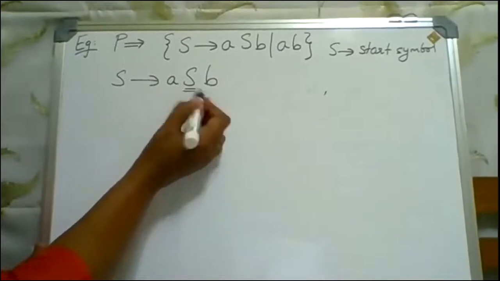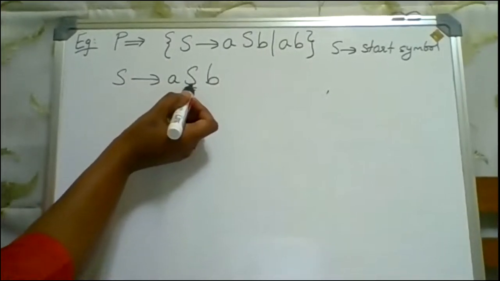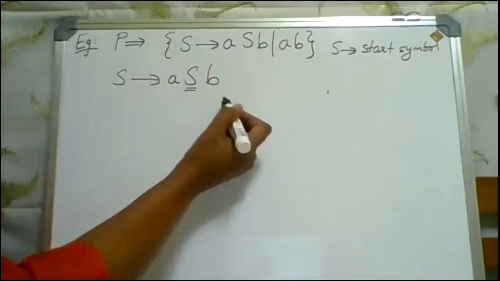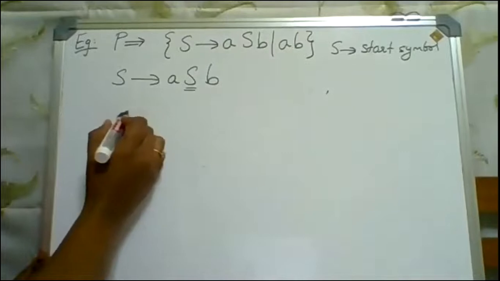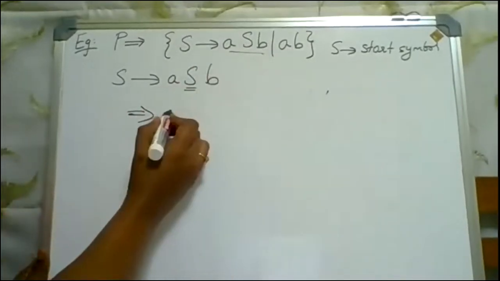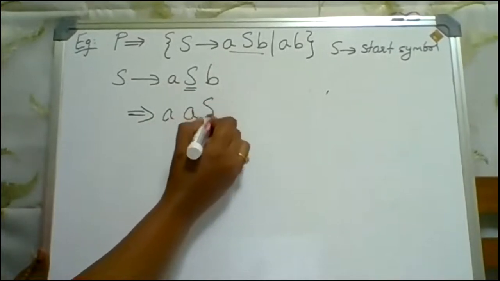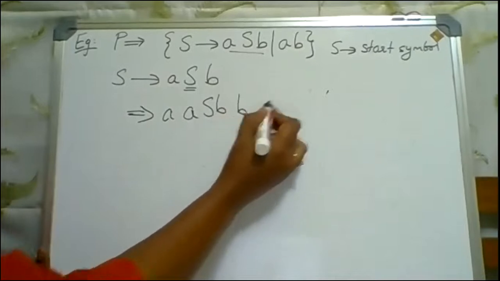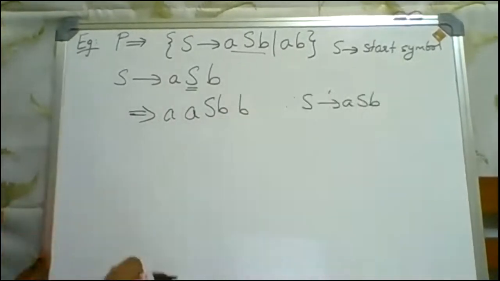Here we have one variable S. We need to replace this variable by any of the productions, that is either ASB or AB. Now, let me replace this S by ASB. So, we will get A, and S replaced by ASB, and B.